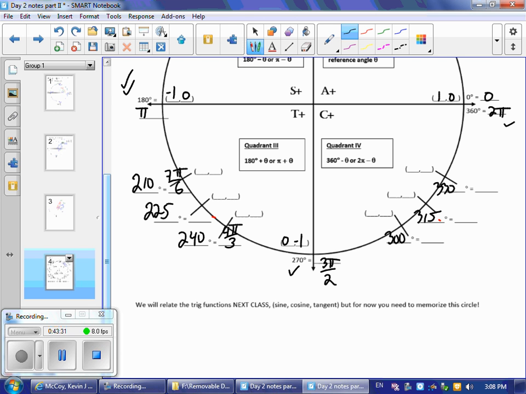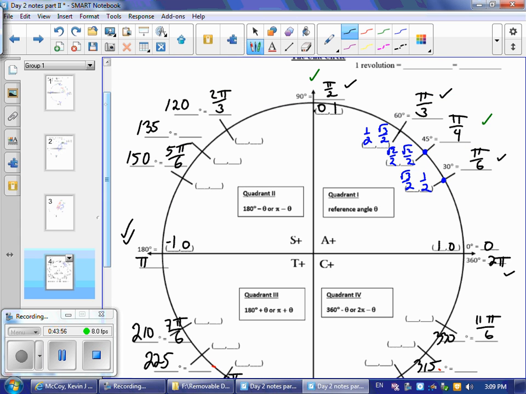And then 10 pi over 6 at 300. 10 pi over 6 reduces to 5 pi thirds. And then the last one, which would be 11 pi over 6, does not reduce. So we've got all of our sixths. Again, if you can start to see the patterns, wonderful. If not, we'll work on it.